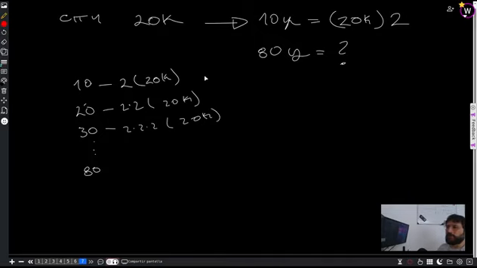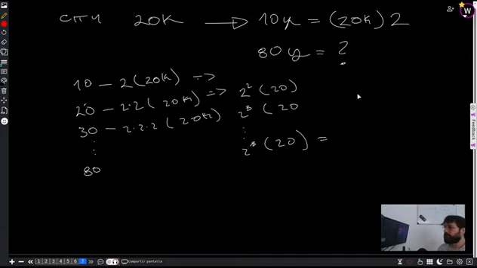So this is equivalent to saying 2 to the 2 times 20k, 2 to the 3 times 20k, and so 2 to the 8 times 20k. 2 to the 8 times 20k would be 5180k. And we can compute this way any sort of time frame that we wanted to know in an example like this.